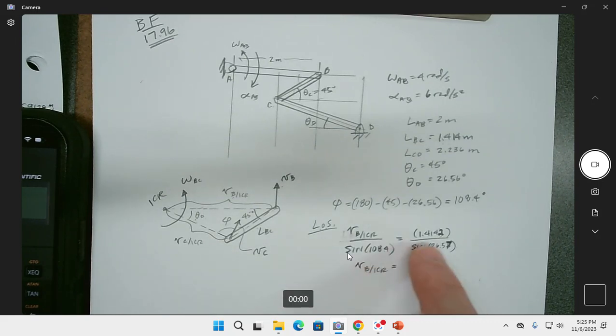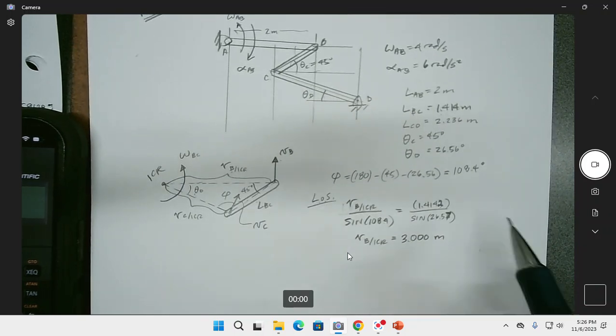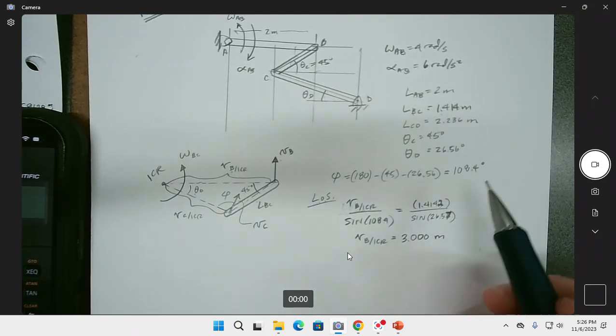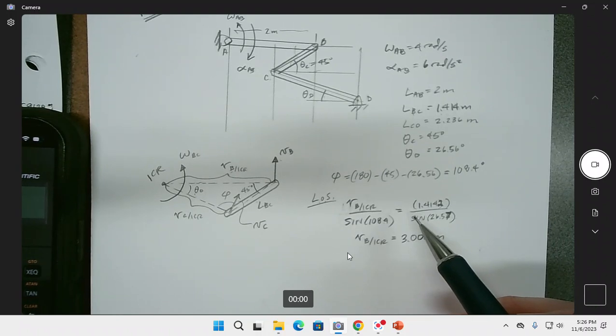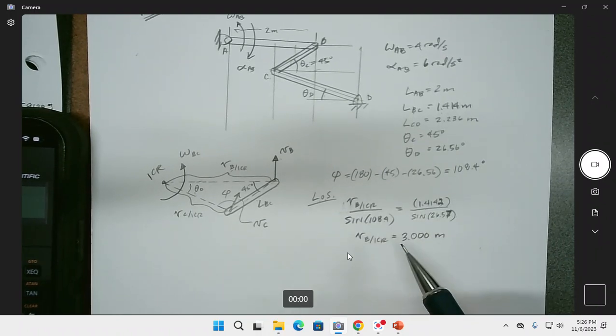I think I'm supposed to multiply. I might have divided. 1.4142 times the sine of 26.57, divided. Yeah, I get this one. I get 2.99995 now. So 3. I might have just hit something wrong in my calculator. It happens. But it also could have been because of these little round-off errors. It's surprising how quickly they propagate.